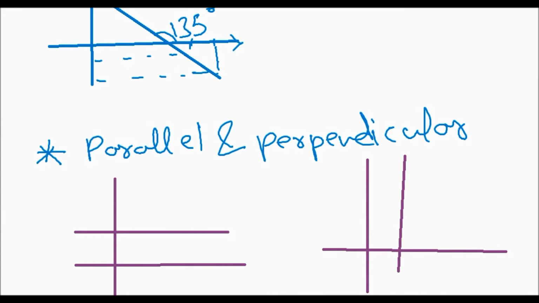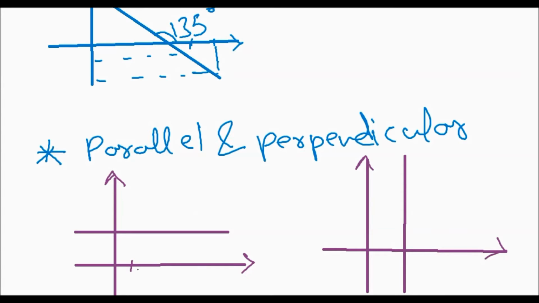Suppose a line is perpendicular to the x-axis, then what will happen? I'm just drawing this arrow so you don't get confused between the line and the graph.